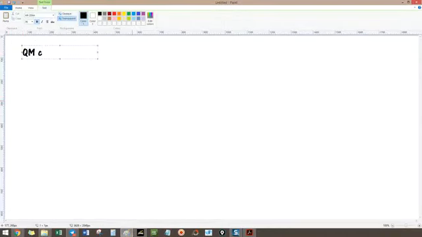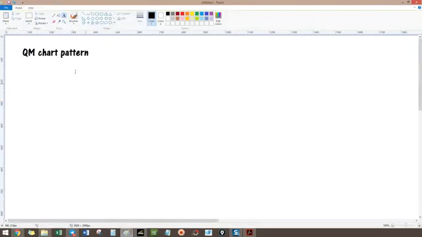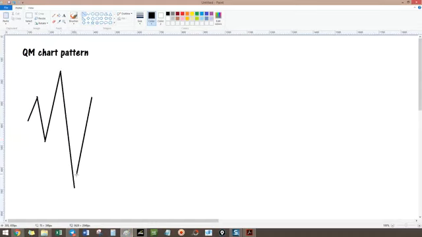QM chart pattern will look something like this. 1, 2, 3, 4, and a 5. Okay, it will look something like this.